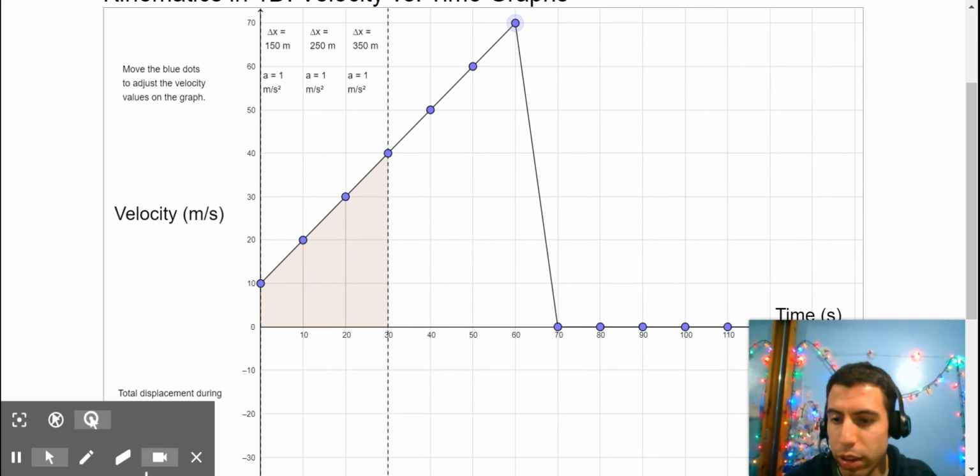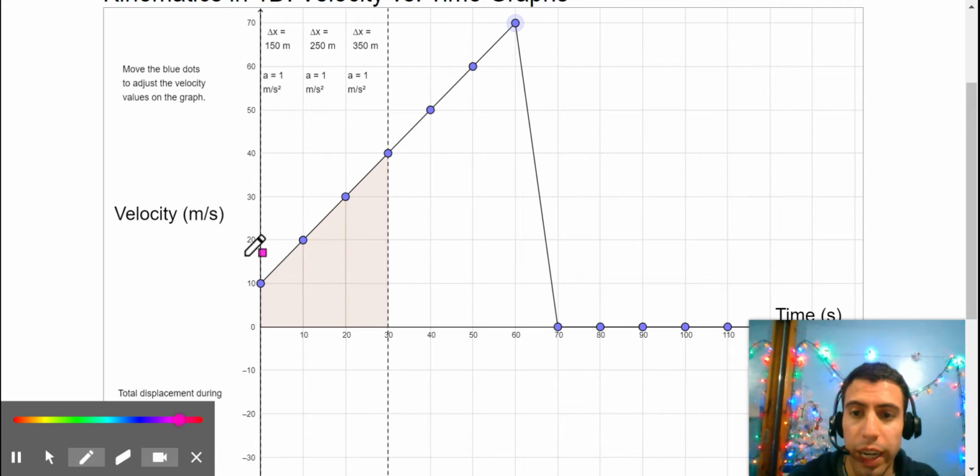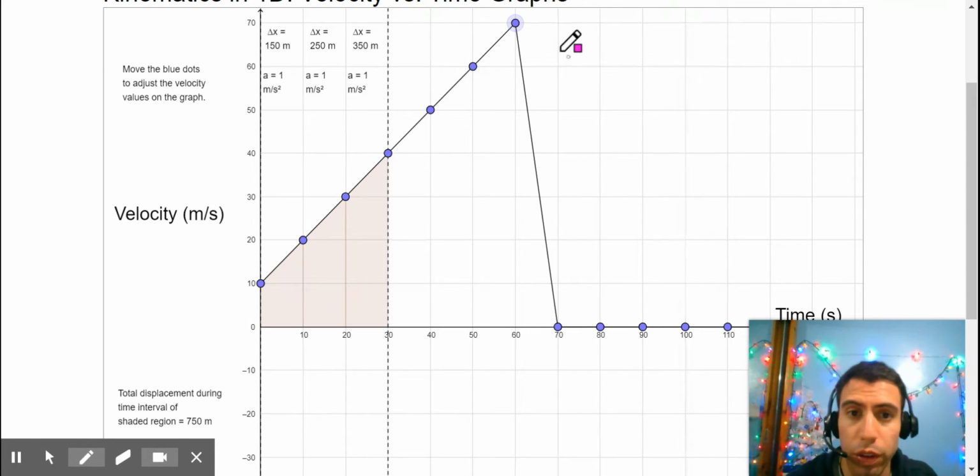Now, last time I saw you, we went ahead and found the equation of this V versus T graph, which was V equals A, for acceleration, times time plus V naught, or V initial.